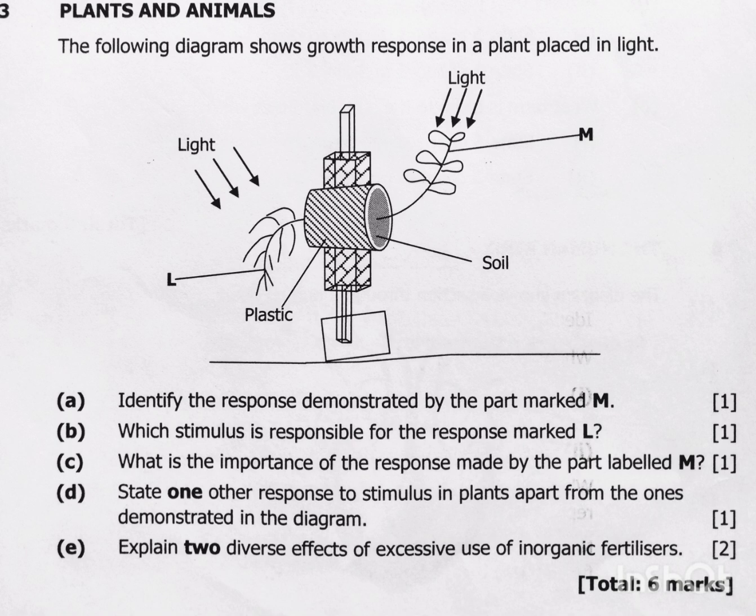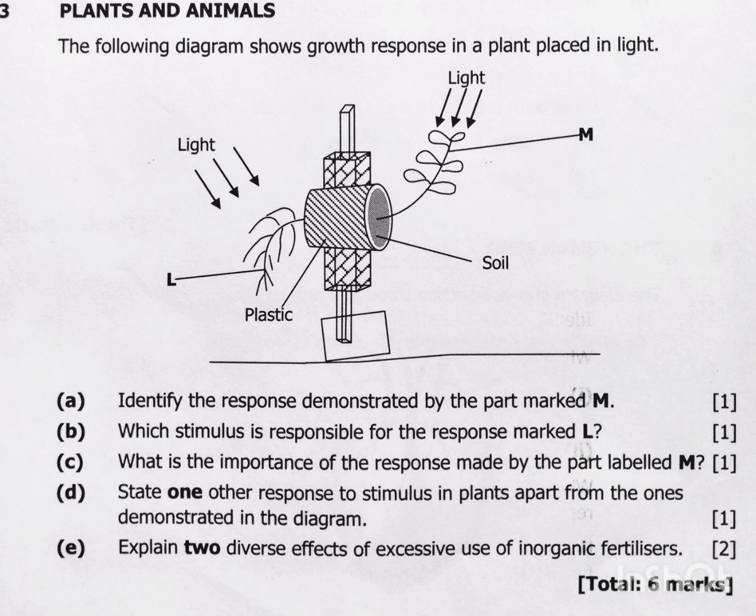We have phototropism, which is demonstrated by M, then geotropism, which is demonstrated by L. Apart from these, they want us to mention one other response in plants to stimulus.